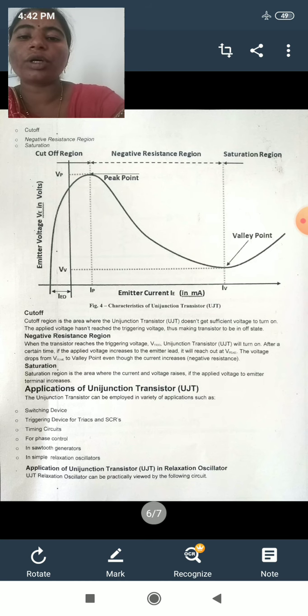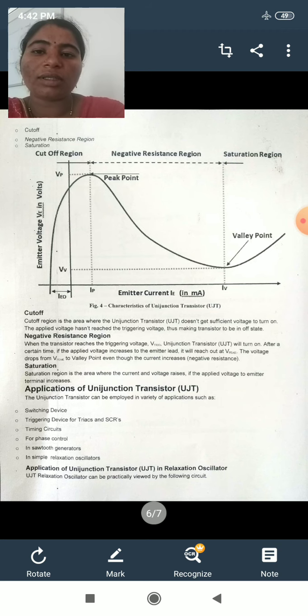After this limit, as the current increases, your voltage also goes on increasing, and your UJT goes into the saturation region. These are the three regions.